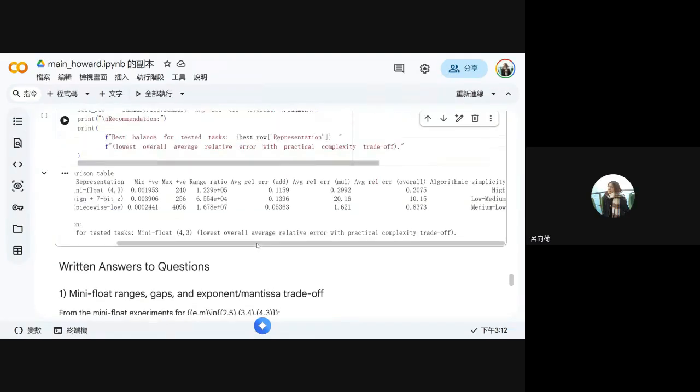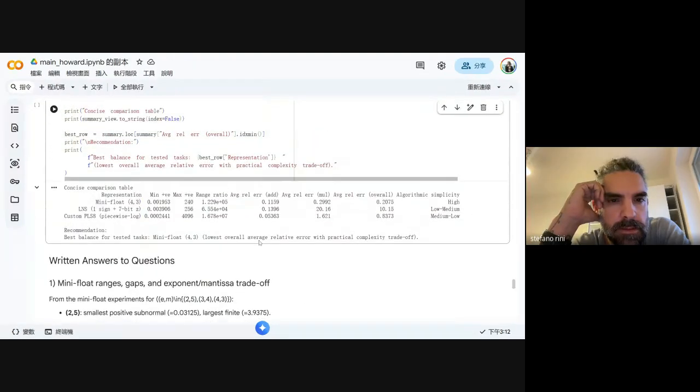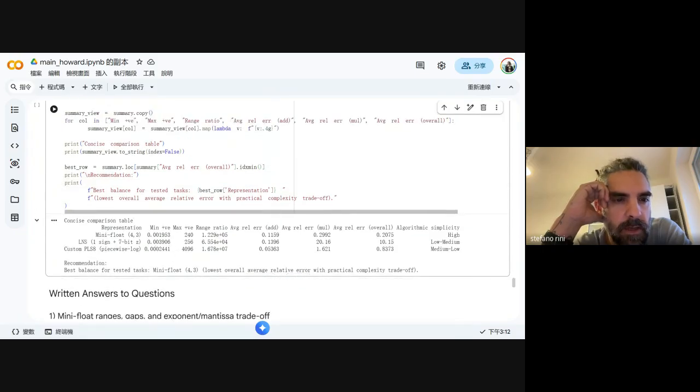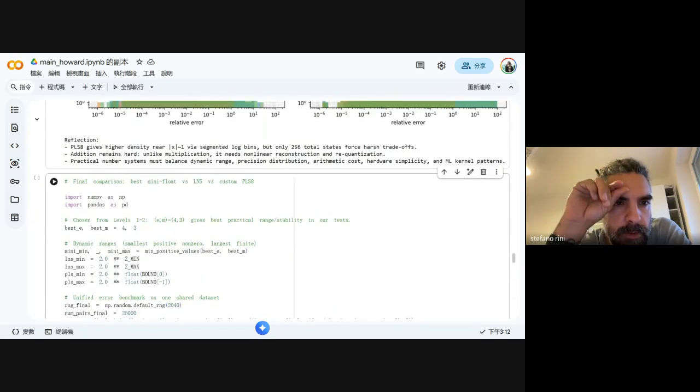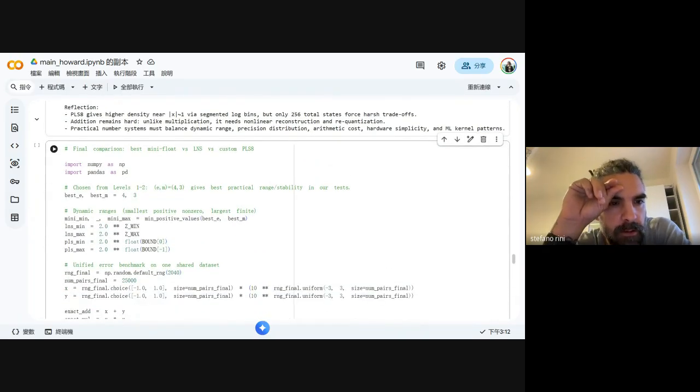Yes. So can you tell me how you pick the numbers? Let's see how you pick the numbers. You said you do 25 multiplications, right? Can you go up? Show me. Yeah, stay there. Choose 1, 2, 3. Okay, so you choose 4 and 3. Then choose the dynamic range.